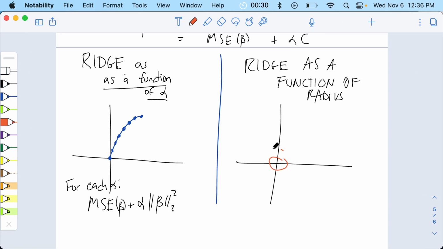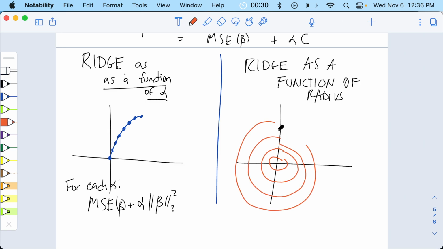So you draw a bunch of circles like this. Here's radius equals 1, radius equals 2, all the way up to radius equals the starting point, C. And what you do is you minimize the mean squared error on the circle over and over again.